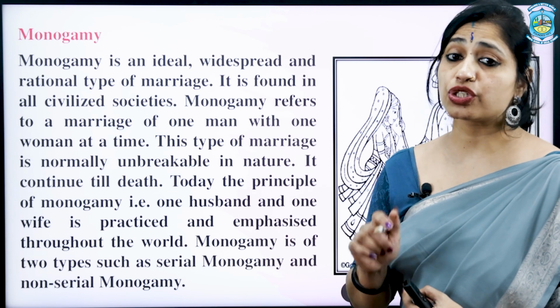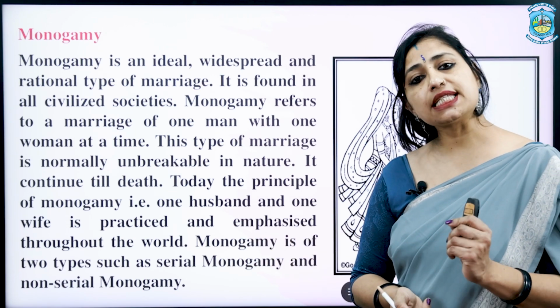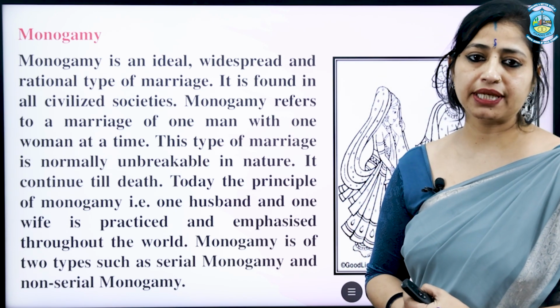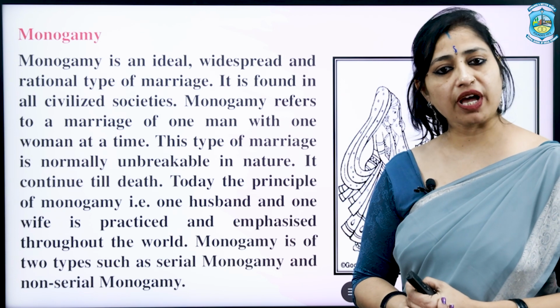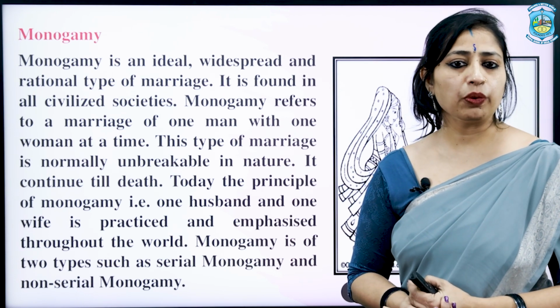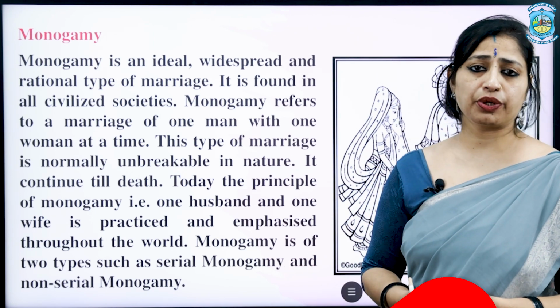This type of marriage is normally unbreakable in nature and it continues till death. Today, the principle of monogamy, one husband and one wife, is practiced and emphasized throughout the world. Monogamy is of two types, serial monogamy and non-serial monogamy.